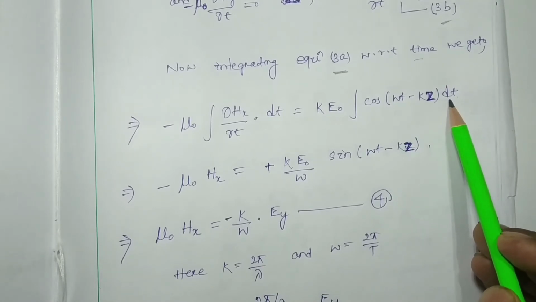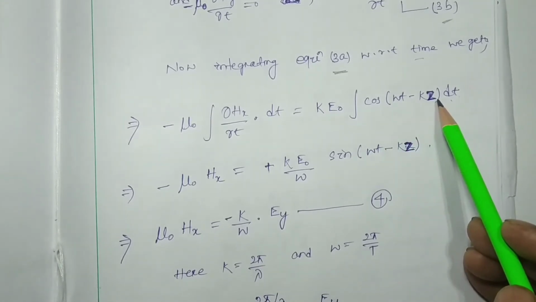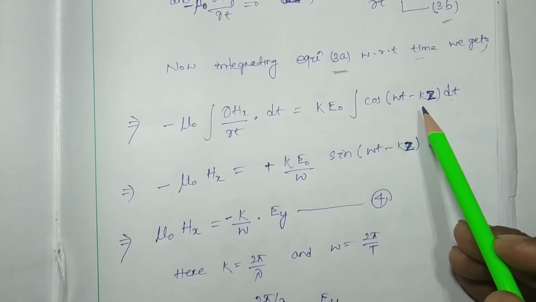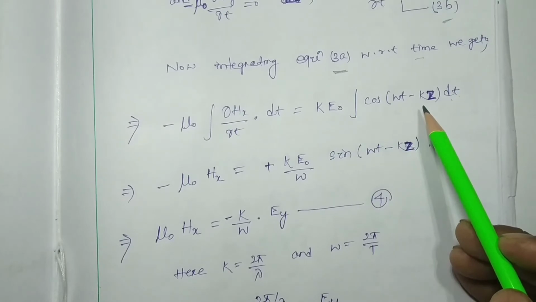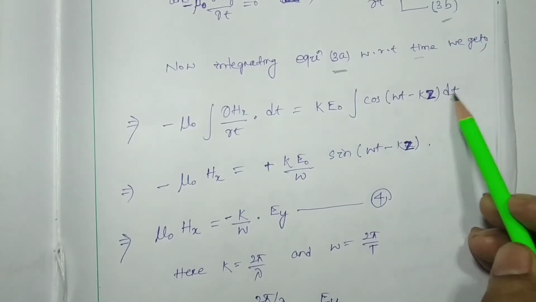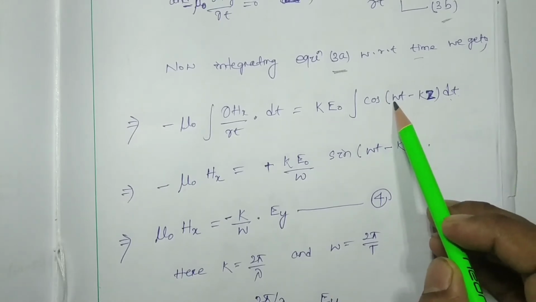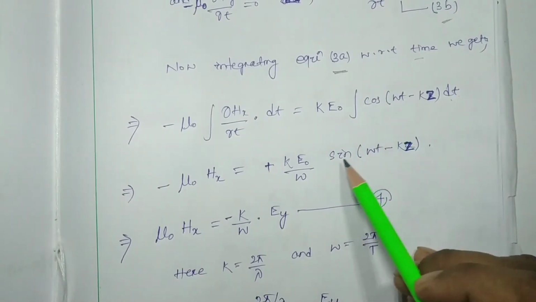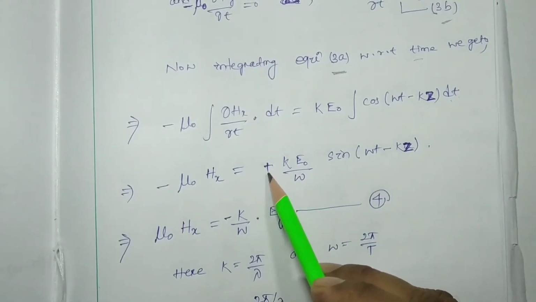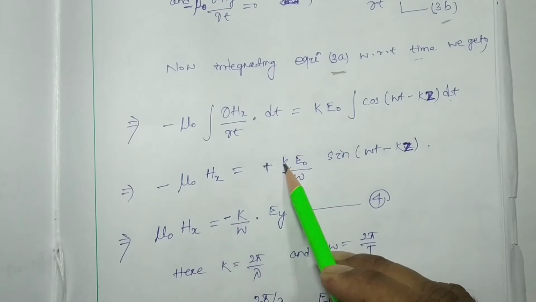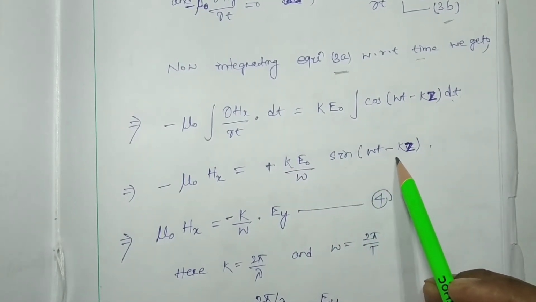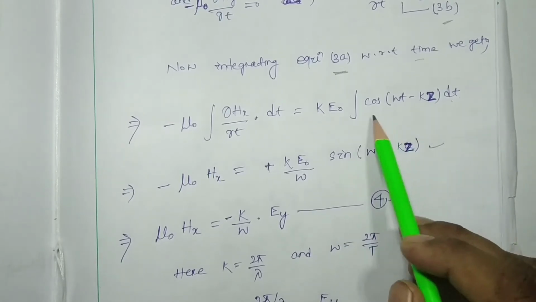The integration of cos a theta will be sin a theta by a. So here with respect to dt, omega t is there, so it will be sin(omega t minus kz) divided by omega. So we found plus k E0 by omega sin(omega t minus kz) after integration.